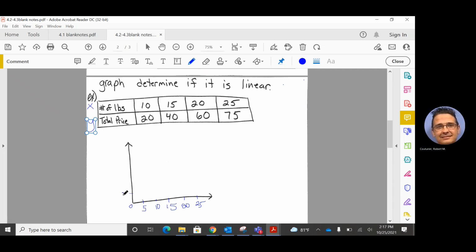So 0, 20, 40, 60, 80, let's do 100 for fun. All right, going up by 20s. Here's price and pounds.